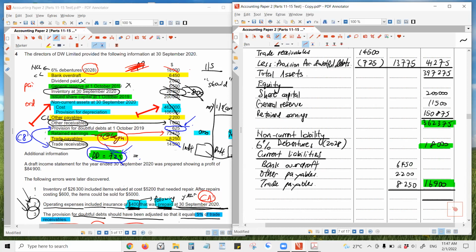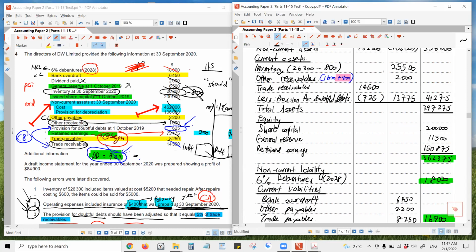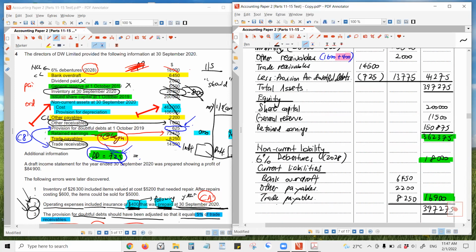Okay, but without some of your help in finding out my error, I may not be able to balance because just now, like the 400, I forgot to include it. Okay, so after that, you write down here total equity and liabilities.